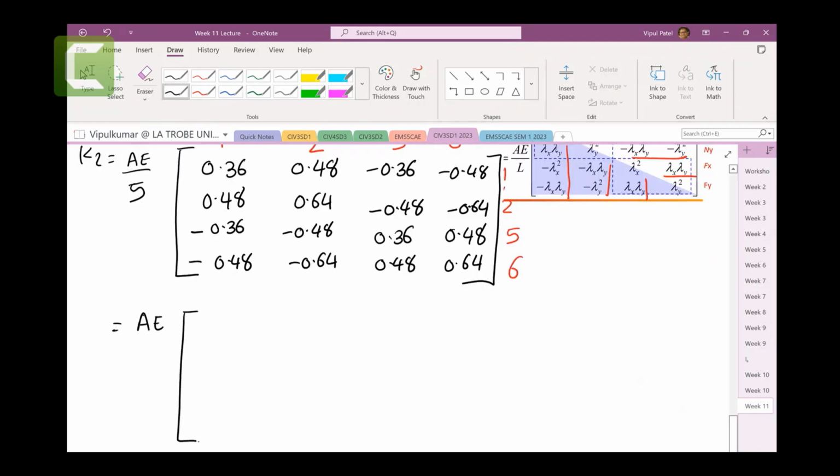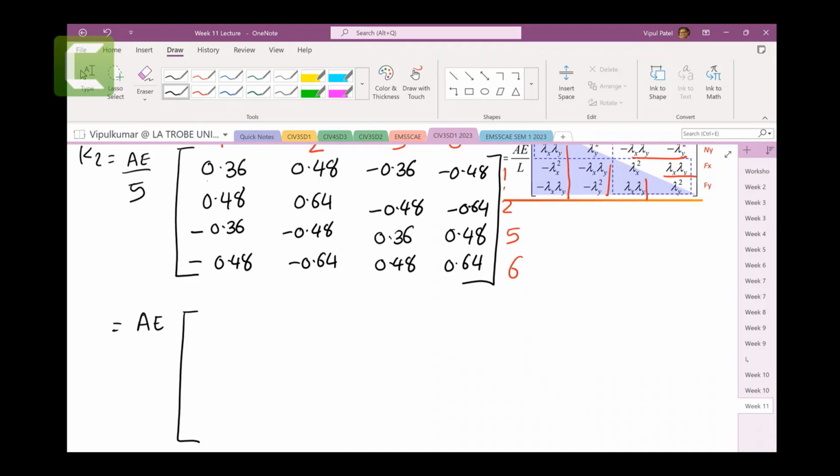AE, 0.36 over 5. Let me use my calculator here. The calculator I'm going to use is Excel.